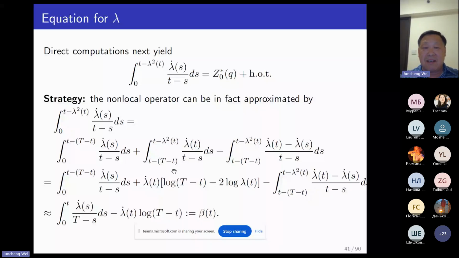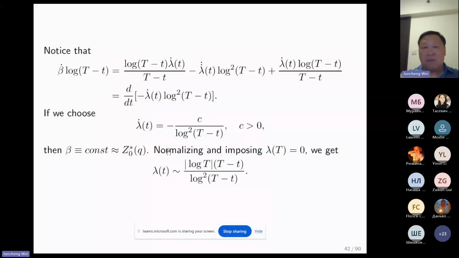What you need to do is a lot of approximations, and in the end you solve the non-local ODE as a local ODE, and you find this number.